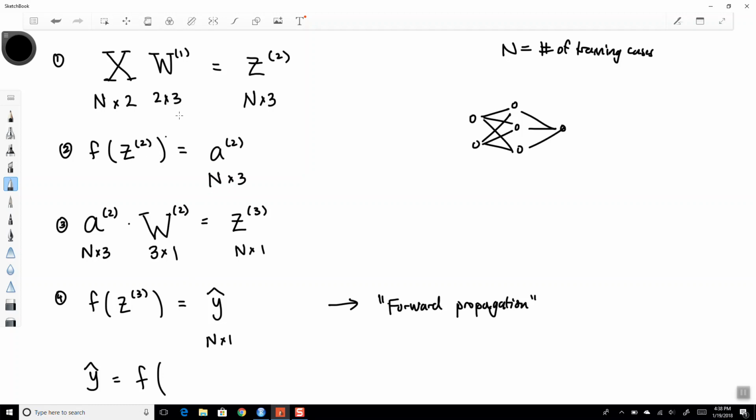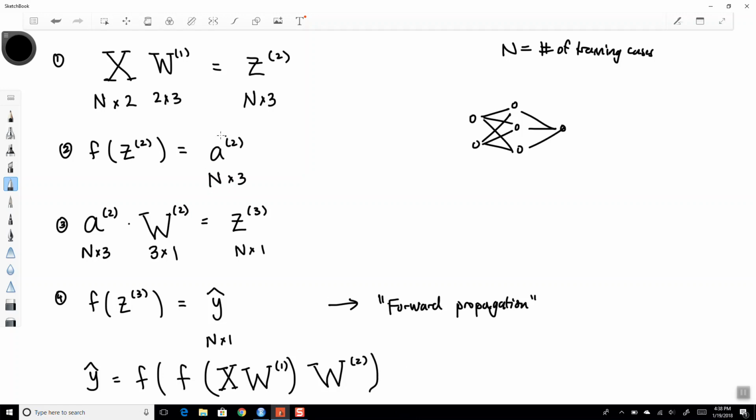What is A2? A2 is this. So if I start over here, this is just one big thing that I apply a function to, and then I multiply this by W2, right?